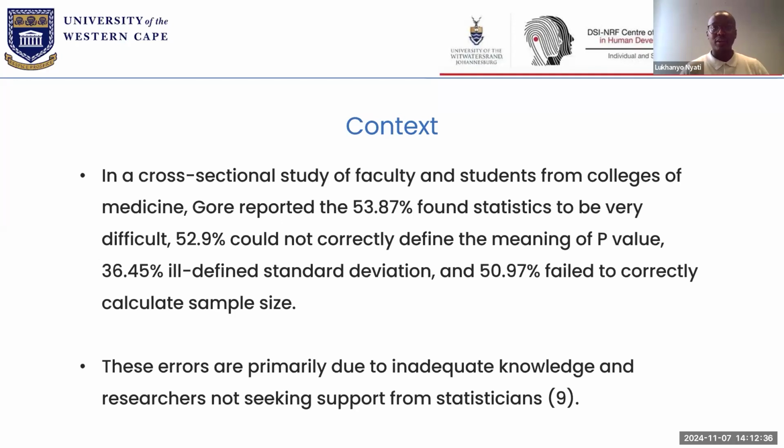I spoke about the calculation of sample size yesterday, and I'm going to emphasize the importance of sample size again today in terms of hypothesis testing and why it's important. And as I've been emphasizing throughout the past 2 days that we've been doing these webinars, the low level of skills among researchers, inadequate knowledge is one of the biggest drivers of this.